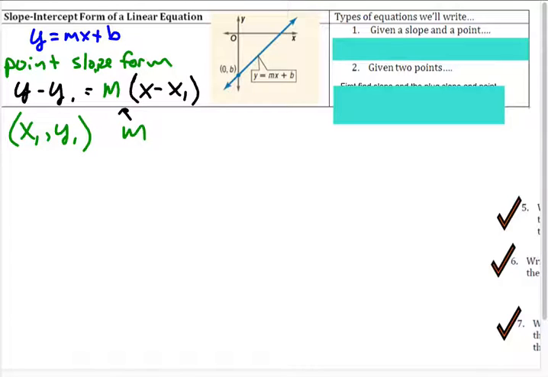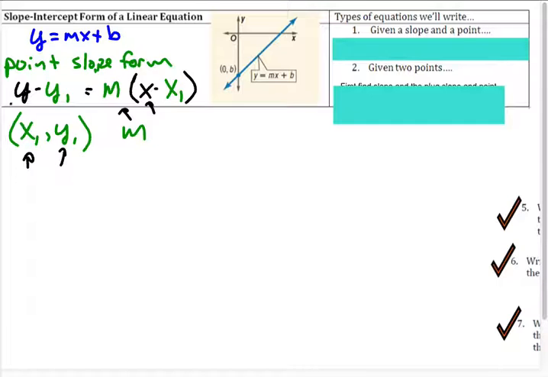The other thing that we're going to be working with is you're going to plug in x sub 1 and y sub 1. And that comes from this point that you're given right here, x sub 1 and y sub 1. And if you're given 2 points, usually you just plug in the first point, but it really doesn't matter.